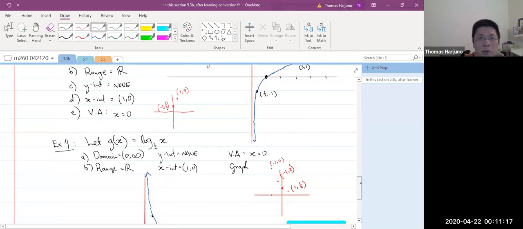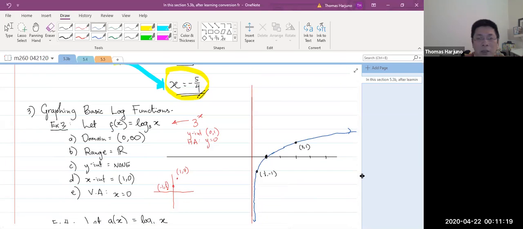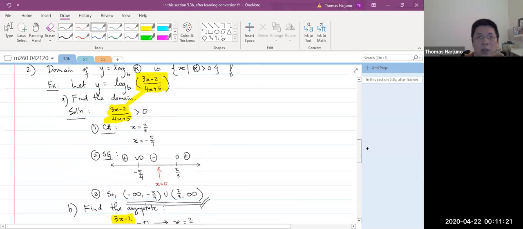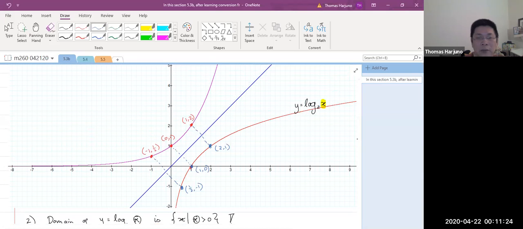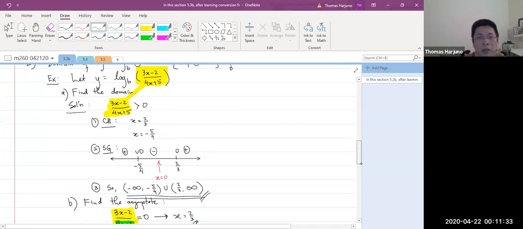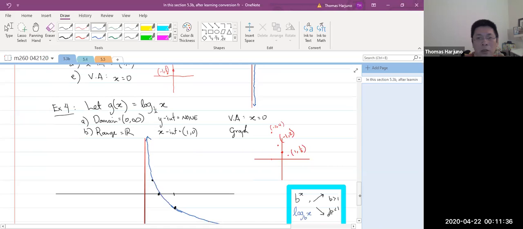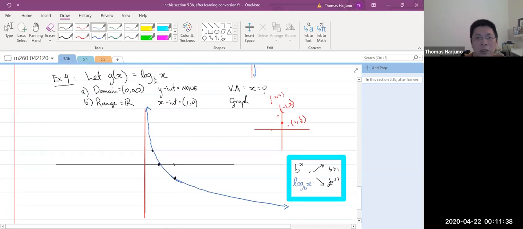For example, log base 3 of x and log base 2 of x, you see that it is increasing, right? If the original exponential function is increasing, then the inverse will also be increasing. When the exponential function is decreasing, like 1/2 to the x, because it is decreasing, then the inverse will also be decreasing.